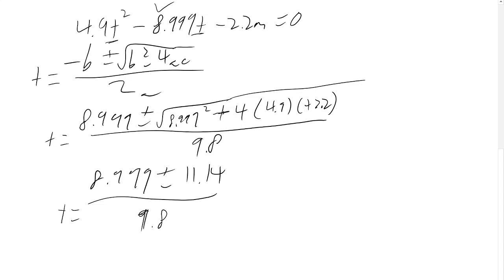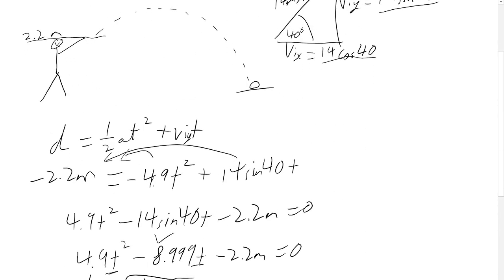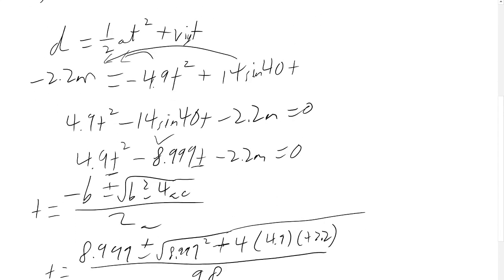If we do 8.999 minus 11.14 divided by 9.8, then that would give us a negative number. And t can't be negative in this question because we're looking after he throws the ball, not before he throws the ball.